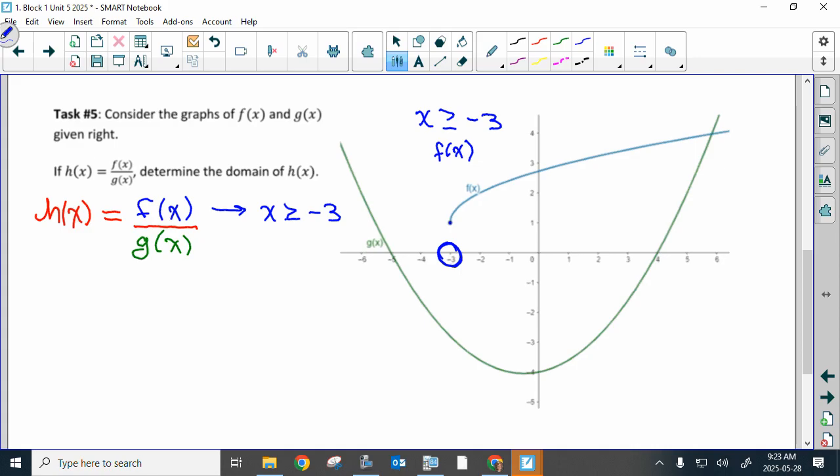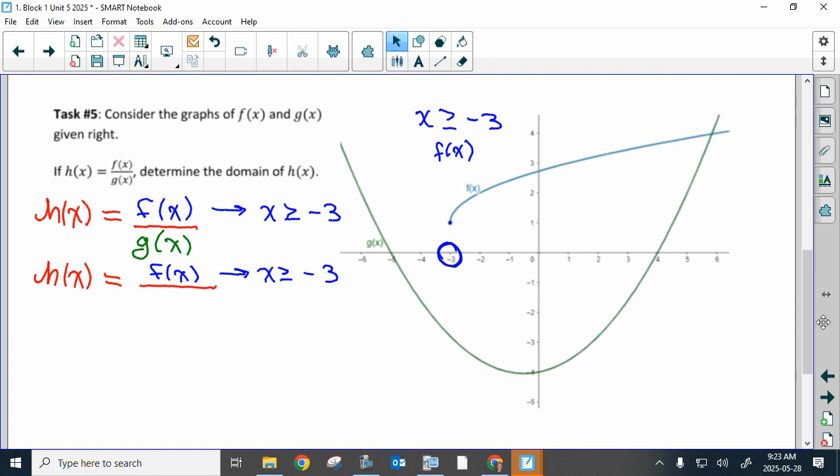Okay, so if you actually brought it back, let's think about the factors. The stretch factor doesn't matter. We just know we can never divide by 0, right? So it doesn't matter what your f of x is. We've already acknowledged what that domain is. When you're looking at your g of x, on the bottom, I know that x plus 5 would be one factor. It doesn't matter what stretches it.